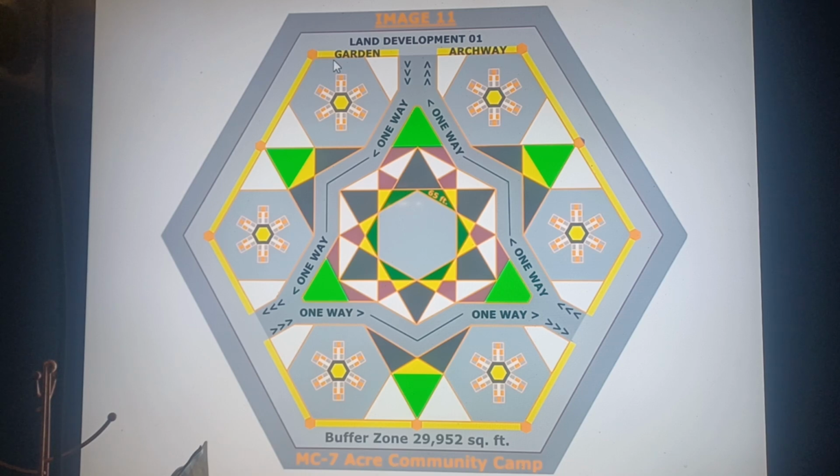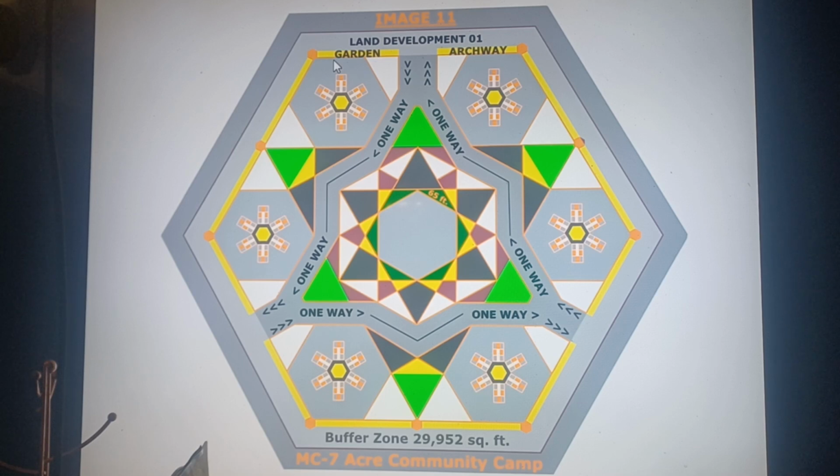If you take 69.57 and you square that and times 3, you get 14,520.